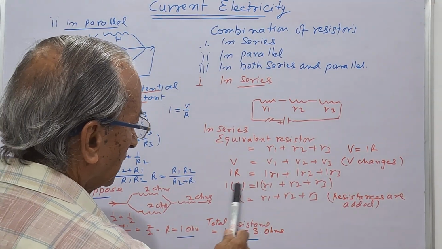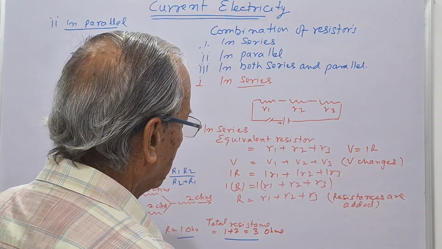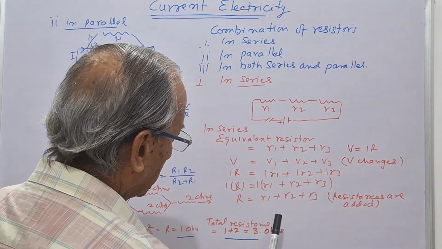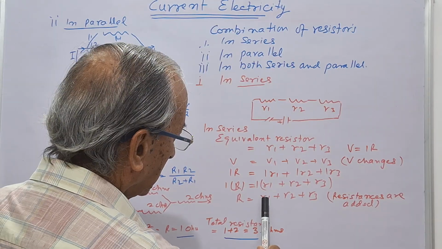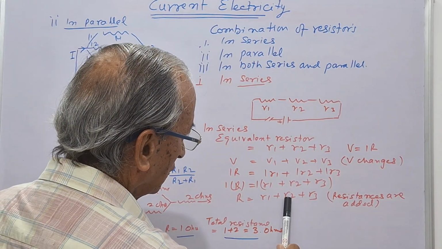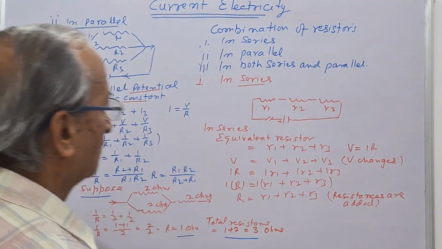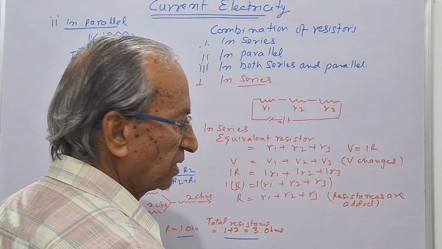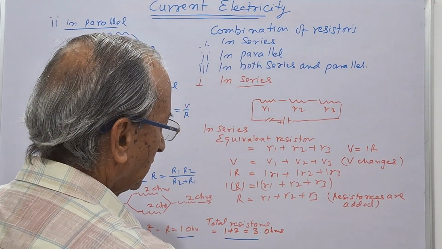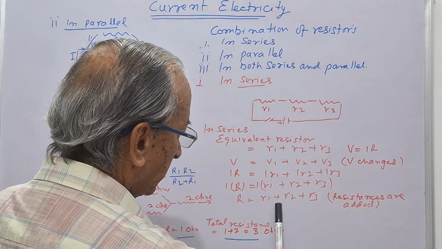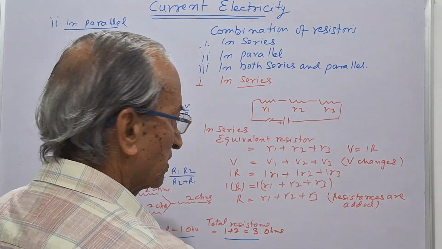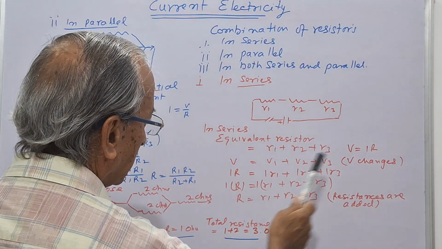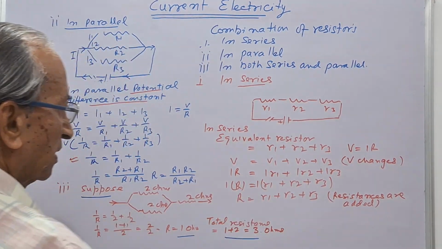And as the current is constant, the equivalent resistance of the three resistances is equal to R1 plus R2 plus R3. So in series, when the resistances are arranged head to tail, the total resistance is the addition of all the resistances, because here the potential difference changes and the current remains constant.